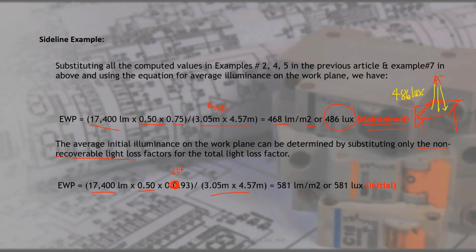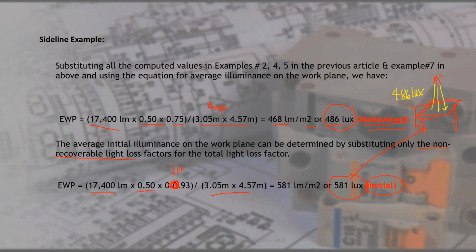Still the data. Then initial, meaning the non-recoverable is used when it is brand new, not yet affected by dust. So therefore if it is brand new, that is 581 lux. During the operation, as it is used over months of operation, the maintained is only 486 lux.